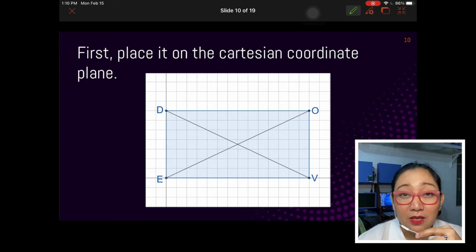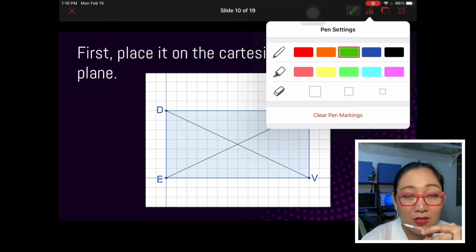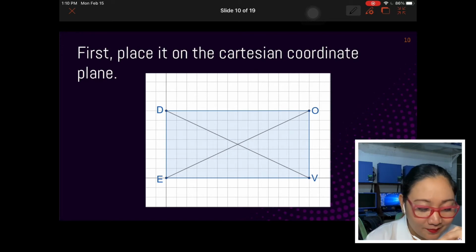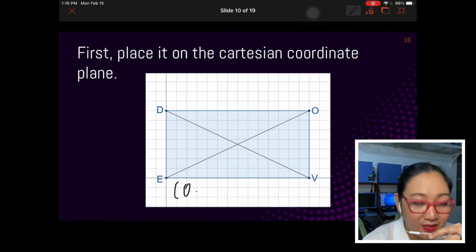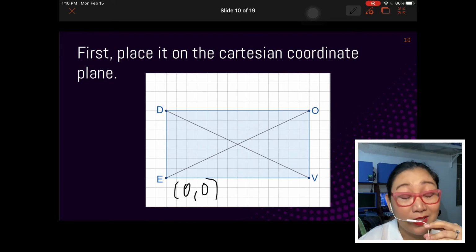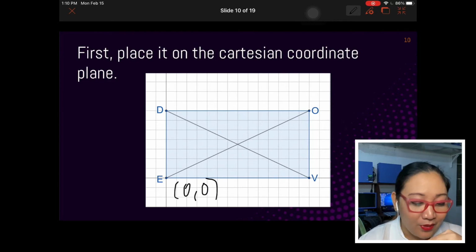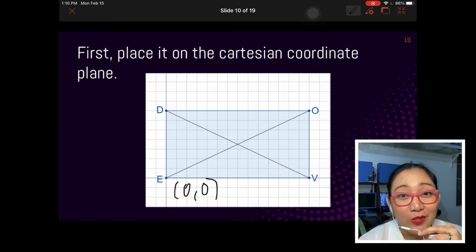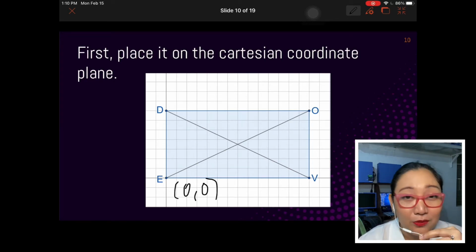Let's give the coordinates for this quadrilateral. E is at the origin, so that's (0, 0). Now, you have a blank Cartesian coordinate plane. Does this mean you can assign any value to V? No, my children.